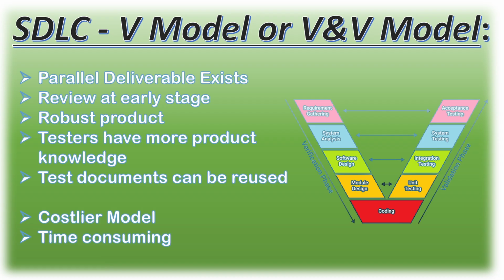Once all the testing activities are completed, the UAT team will do the user acceptance testing. All right, so this is called the V model or V and V model, because we have the verification side and validation side.